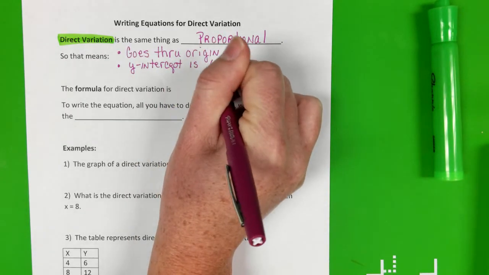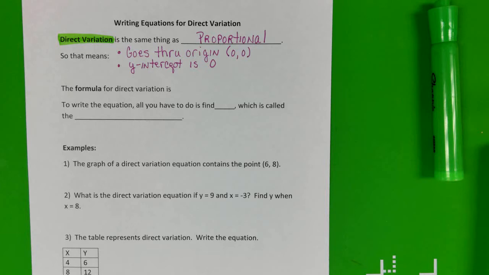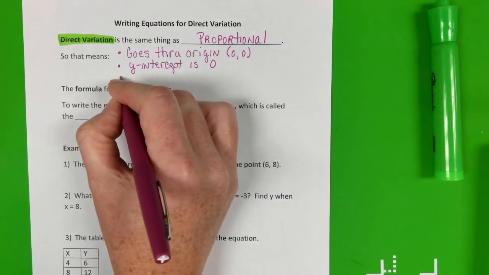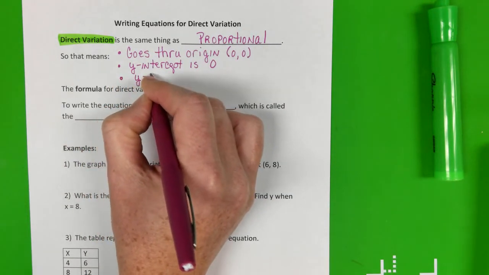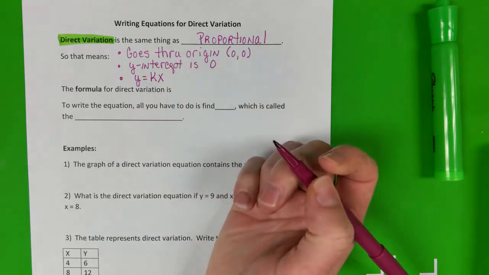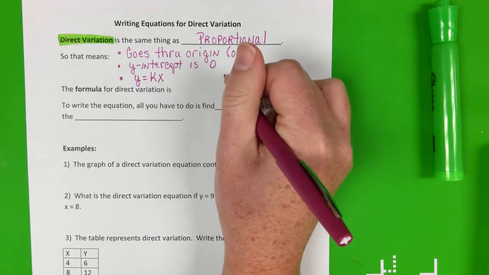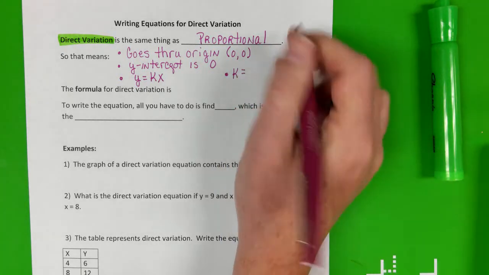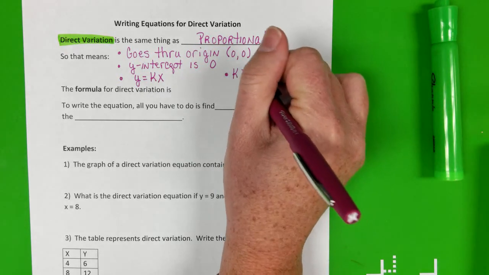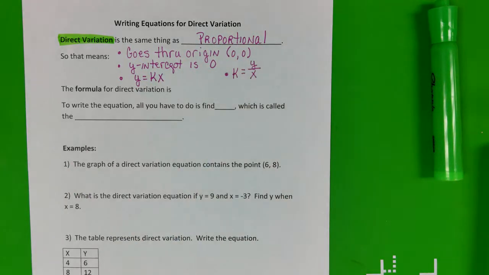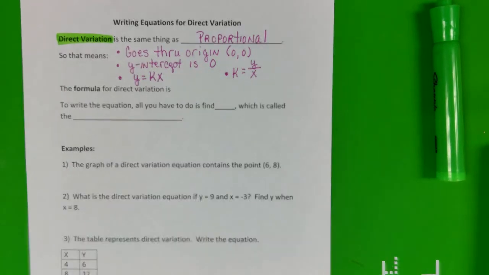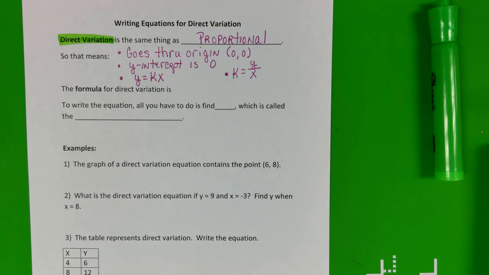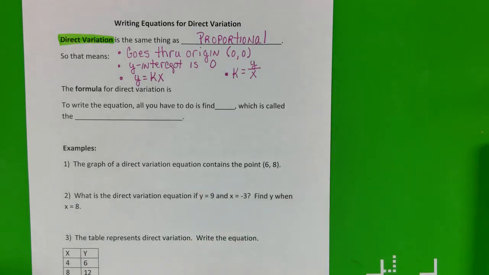A lot of times we're saying that there is no y-intercept, but remember there is a y-intercept. It's just that it's 0. Okay? And then our equation needs to be in the form y equals kx or y equals mx. And we should know that k, that constant, has that unique ratio of y divided by x. So all of those things that applied to proportional, same thing for direct variation.